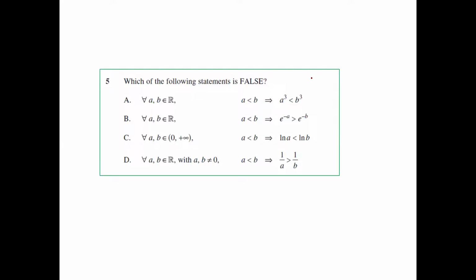Which of the following statements is false? The most common response is D, then B, then C, and the least is A. And the correct answer again is the most common response, which is D.